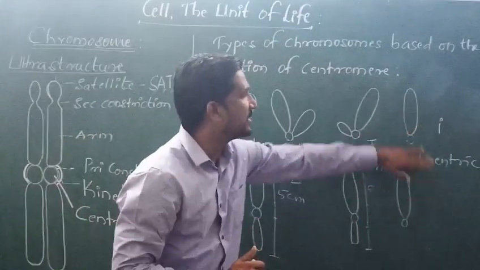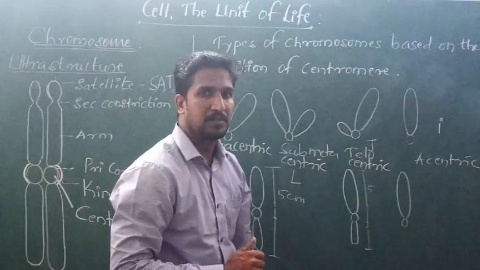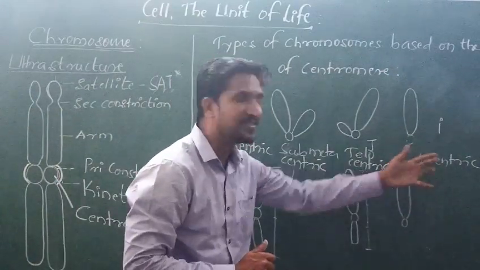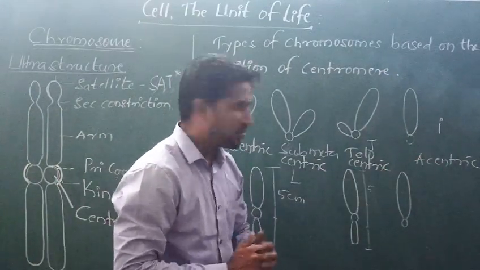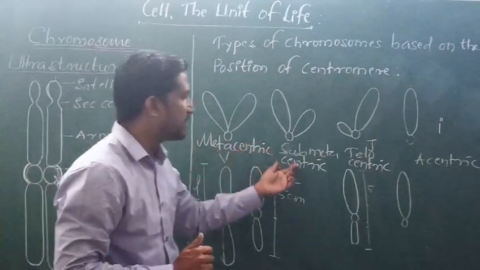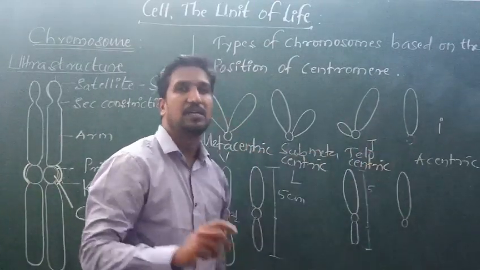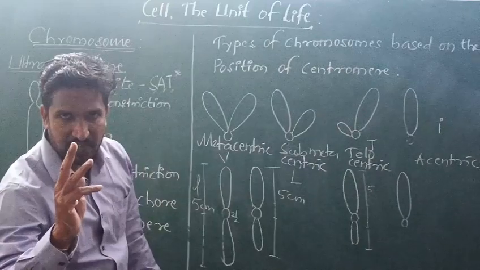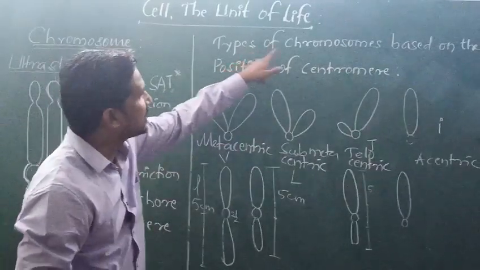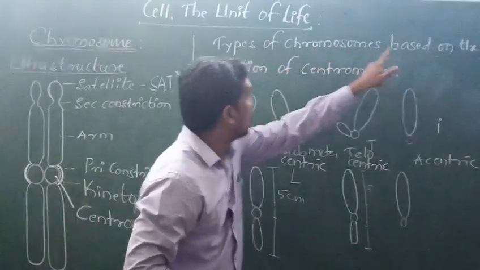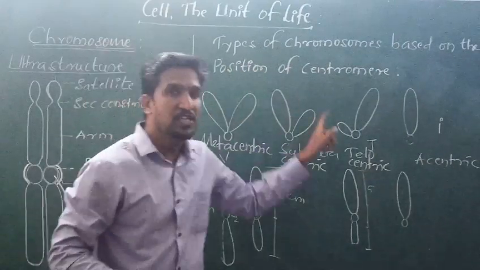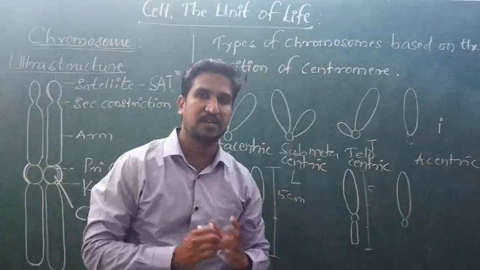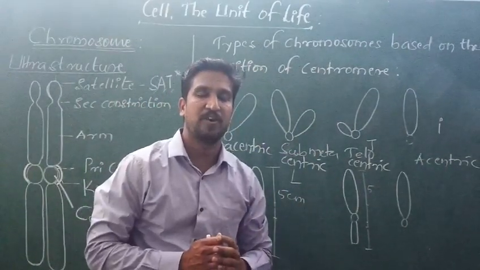The centromere will be absent here. Understand? So these, metacentric, submetacentric, telocentric and acentric, are the four different types of chromosomes classified based on the position of the centromere. I hope you have an understanding.